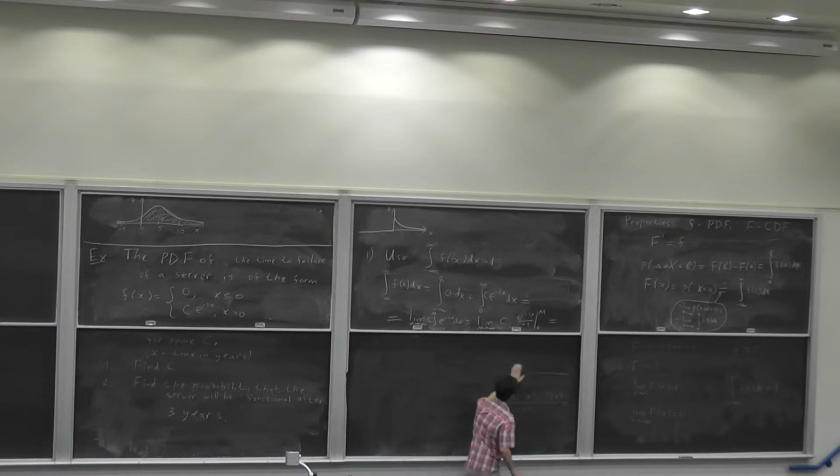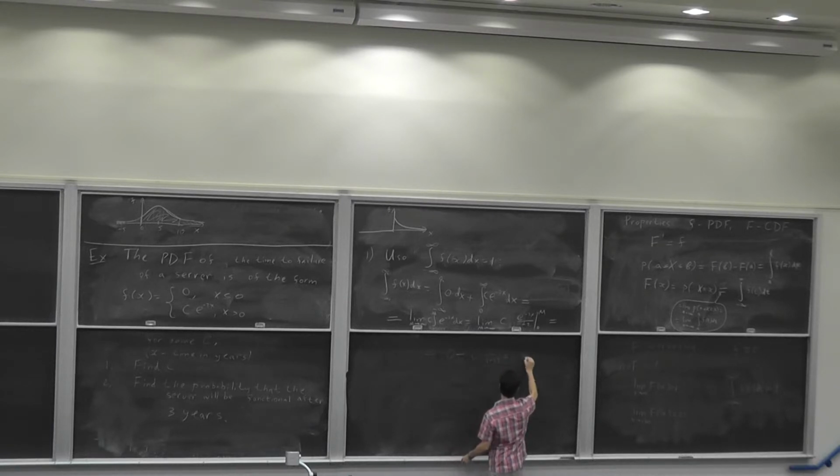And finally, we find the limit. When n is really large, minus 2n is large and negative, and e to this power is close to 0. So this limit is 0 minus the value at 0, which is c times 1 divided by 2.